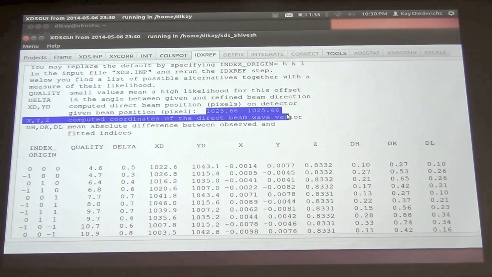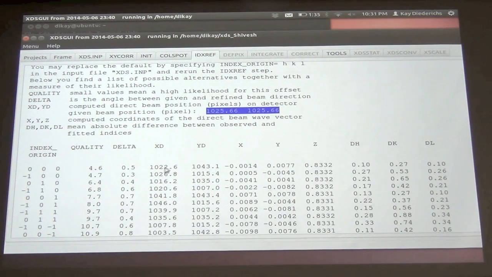According to the header, this is the beam position, and the program refines the origin, it refines the position where the 0,0,0 reflection would be, and it already tells us for the normal solution it's 1022, 1043, so it finds it 20 pixels away from there.